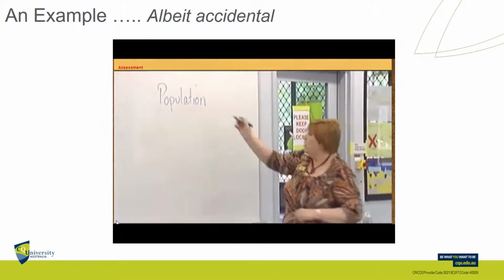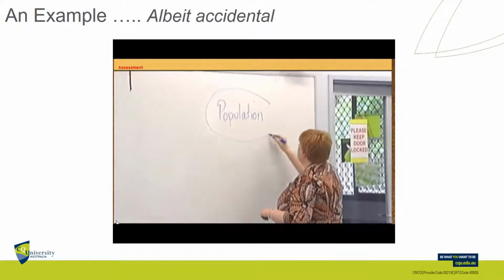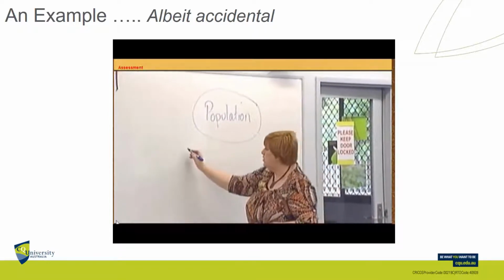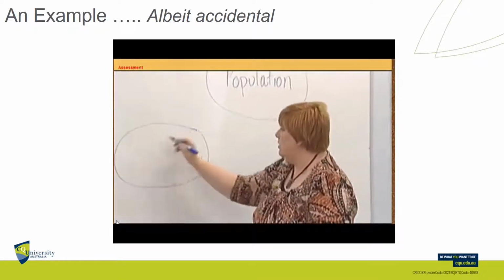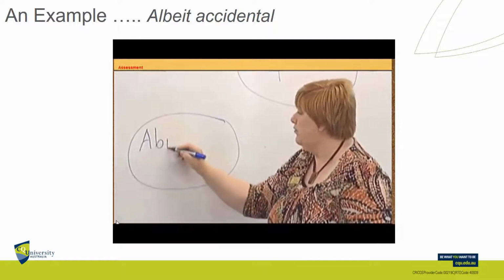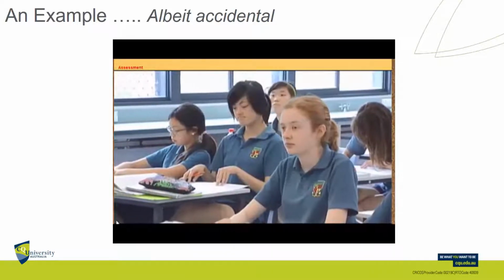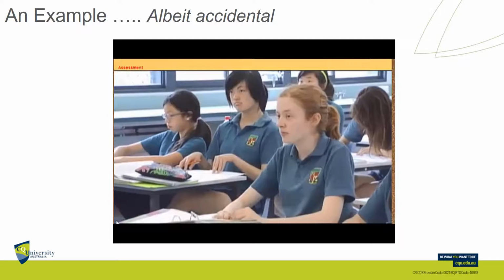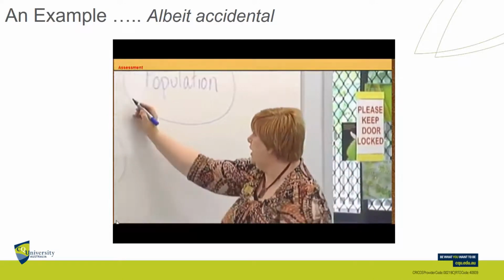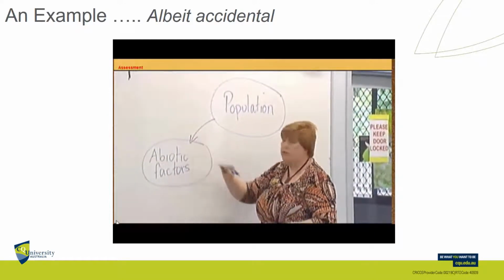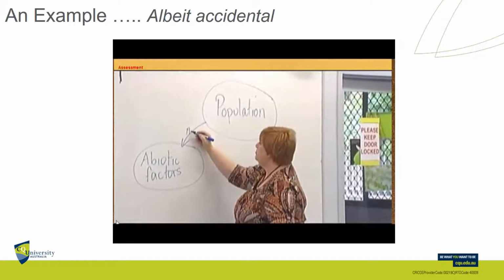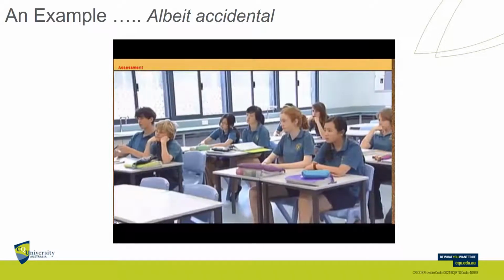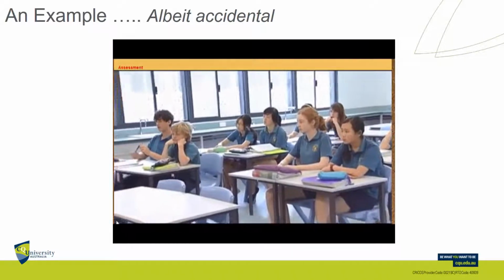That population has needs, and those needs are abiotic factors. The link between population and abiotic factor, okay, I'm going to draw an arrow like that, and I'm just going to put needs: population needs abiotic factors.